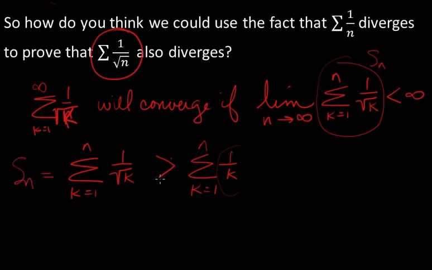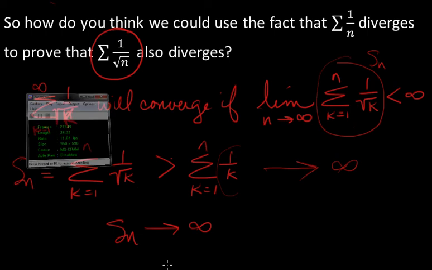So the nth partial sum of the series that we were asked about is greater than the nth partial sum of the harmonic series, and we know that the limit of the partial sums of the harmonic series diverges. So therefore, S_n diverges. And this is like a comparison test. You're not going to do any problems with this for your homework, but take a look at it because that's what we're getting to, a comparison test for series.